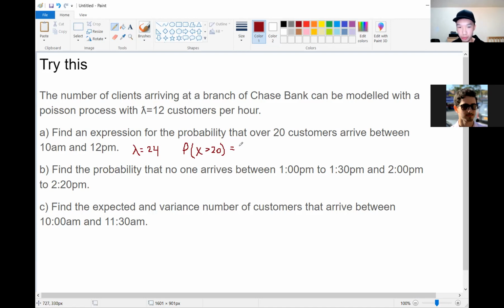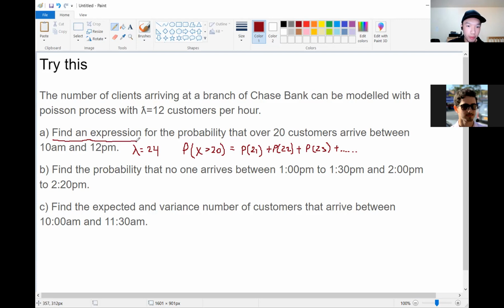Over 20 customers means probability of 21 customers plus the probability of 22 customers, or maybe 23 customers. And Poisson doesn't have an upper limit, so this goes all the way to infinity. Yeah, that question seems like it would be a lot of work because you'd have to find the inverse from 0 to 19, right? 0 to 20. Yeah. I think that's why this question says just find an expression.